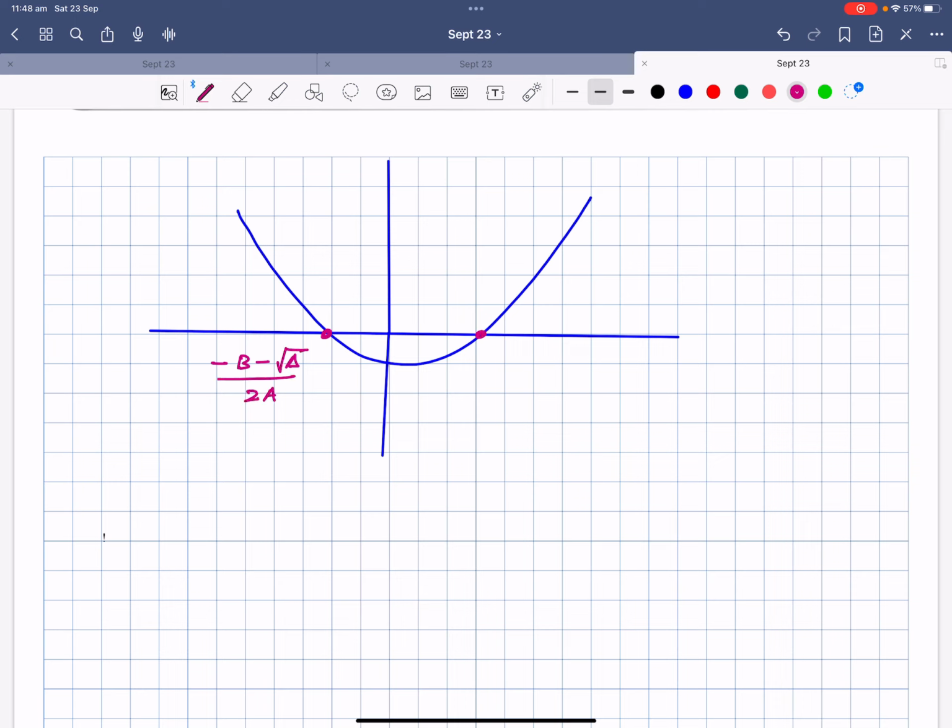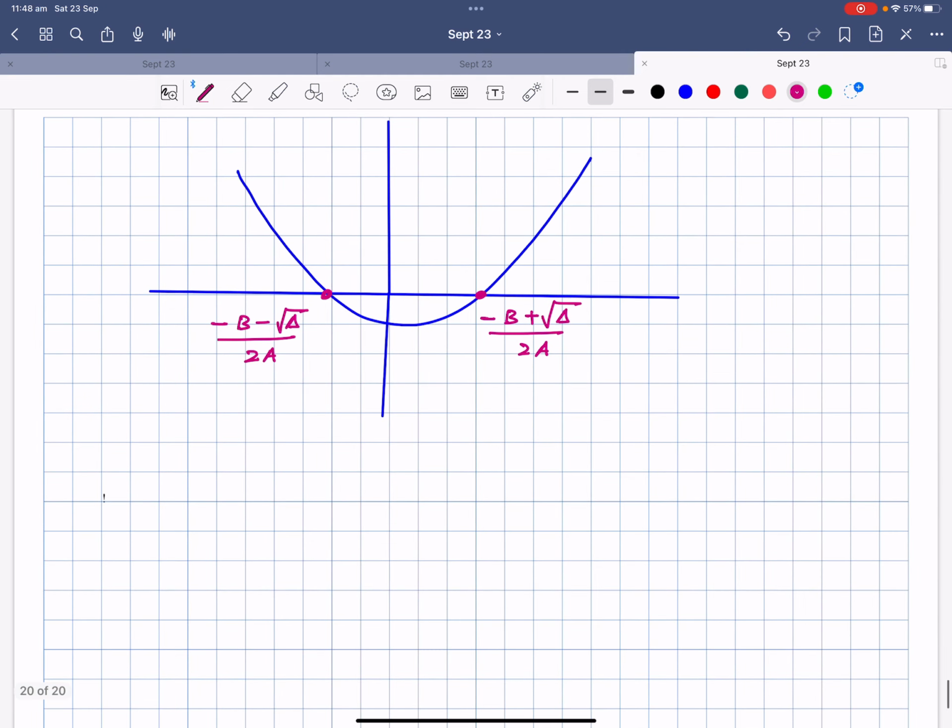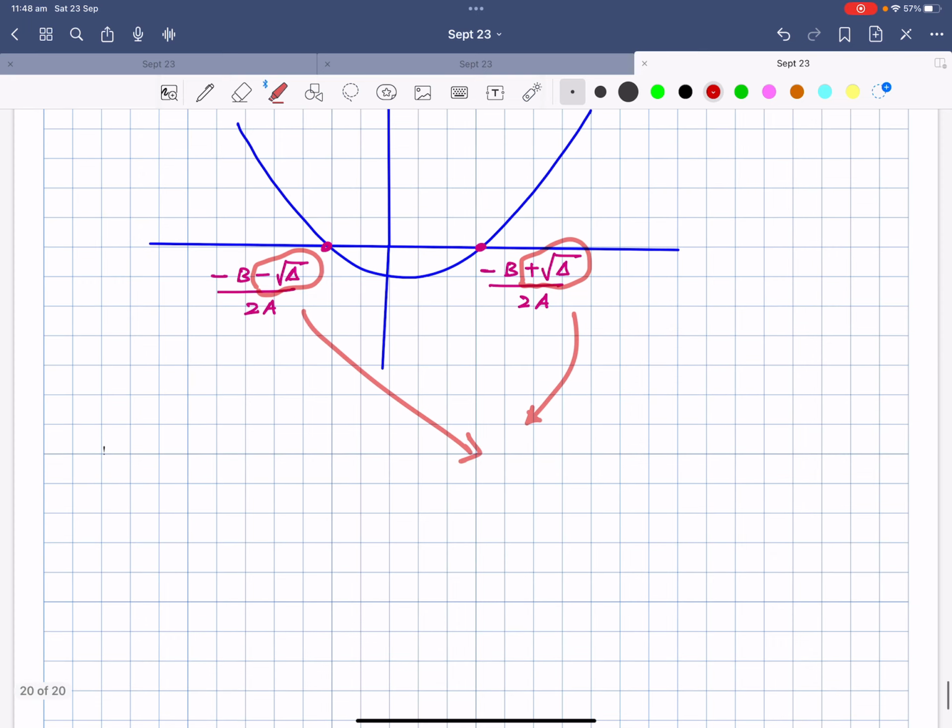This point over here is minus b plus square root of delta divided by 2a. Those are x-intercepts, right? Now you understand from this guy and from this guy, if you consider those two expressions here. Now if delta is equal to 0, what will happen?